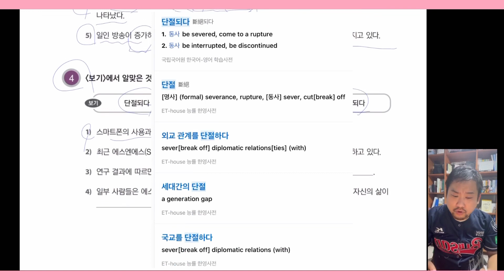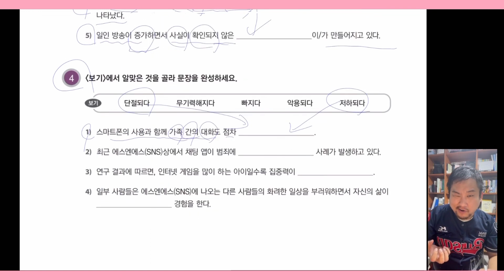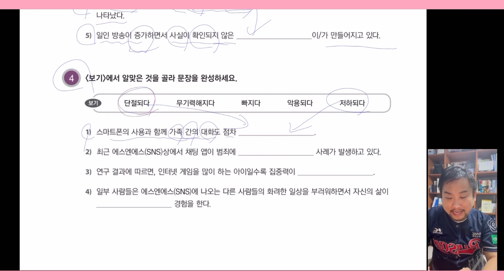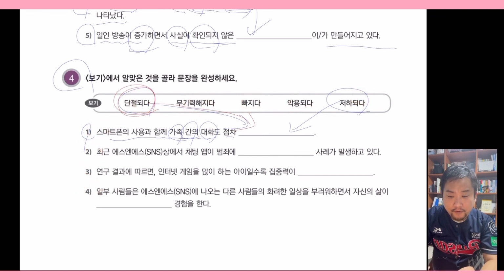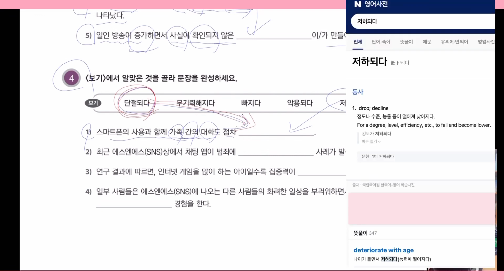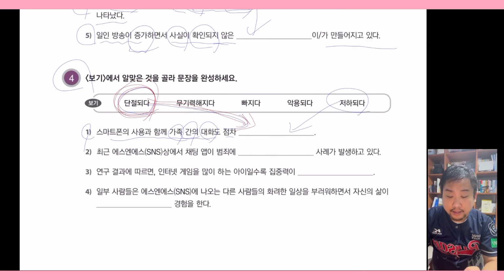So it could be 대화도 점차 저하되다, 단절. I think this 단절되다, stop, is more appropriate. Like you're here, 1, 2, 3, 4, 5, 1, 2, 3, 4. So I think if I become a student, I think 단절되다 is more appropriate. 대화도 점차 저하되다. It could be, but I think the 단절되다 is more appropriate.